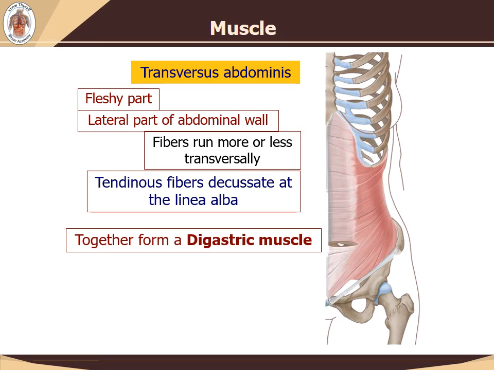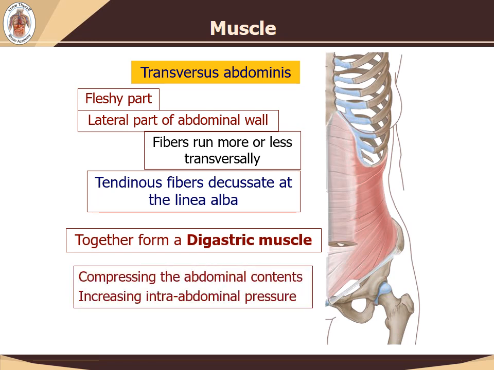When the transversus muscle contracts, there will be a tremendous increase in the intra-abdominal pressure. So the compression on the viscera and the diaphragm will result, as I have discussed earlier, in sneezing, coughing, forceful breathing, and physiological processes like defecation, micturition, and childbirth.